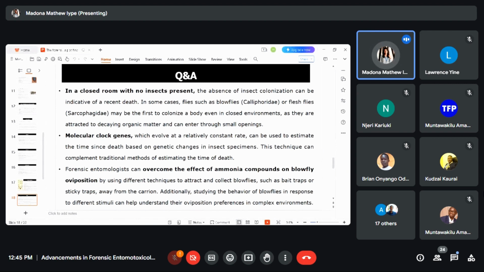Let's conclude that in some cases, flies such as blowflies or flesh flies may be the first to colonize a body, even in closed environments, because the rooms can still have small openings. Let's imagine a far situation where there are no small openings as well, but still we have anaerobic bacteria and microorganisms which will develop, and those will be the fauna to carry out the decomposition process.